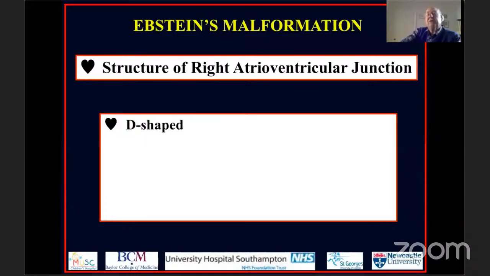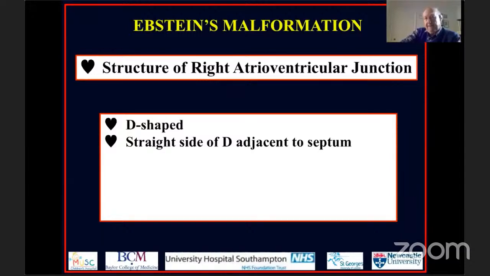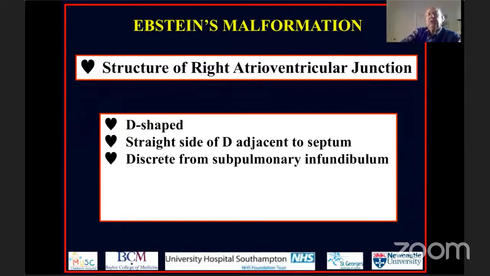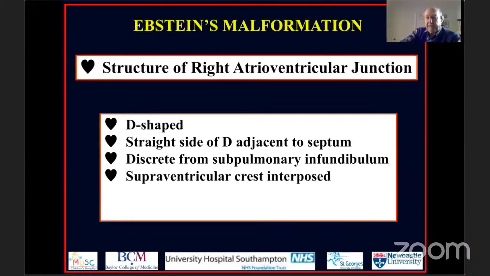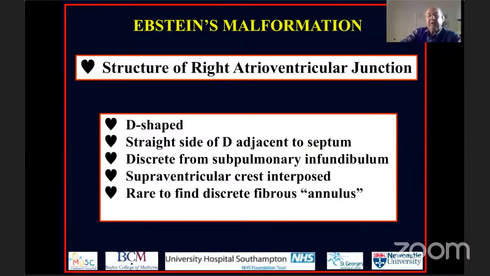When we look at it in short axis, we will note that it has the shape of a D. And the straight side of the D is adjacent to the ventricular septum. The other key point of the right atrioventricular junction when compared to the left atrioventricular junction is that on the right side, the atrioventricular junction is separated from the ventricular arterial junction, which supports the pulmonary valve. And as I hope you all know, the tissue interposed between the atrioventricular and ventricular arterial junctions is what we call the supraventricular crest.